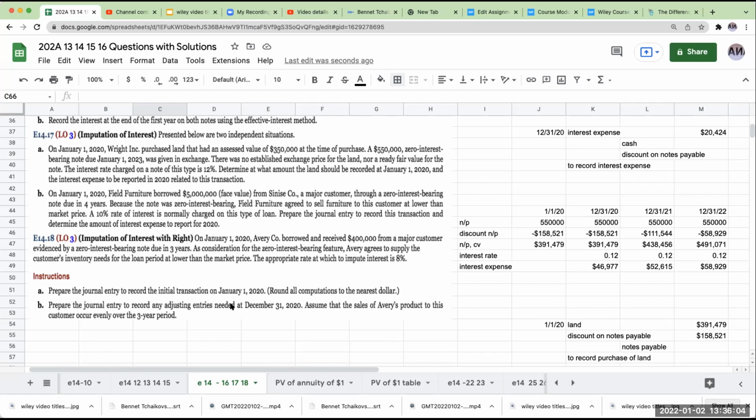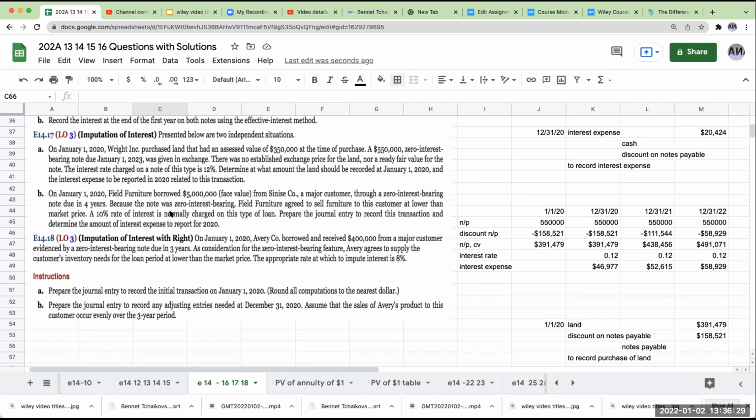So I borrowed $5 million from Sonny's, and I'm also selling furniture to the customer. So there's something going on here, right? It's not like, if I'm borrowing money, that I don't have to pay interest on it.